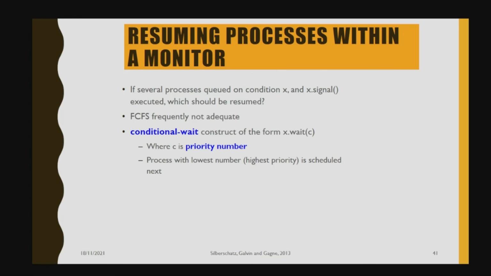So it's based on the priority number of each process. Here we have several processes, so it depends on c, which refers to the priority number of each process. Then it will select which process should proceed or execute.